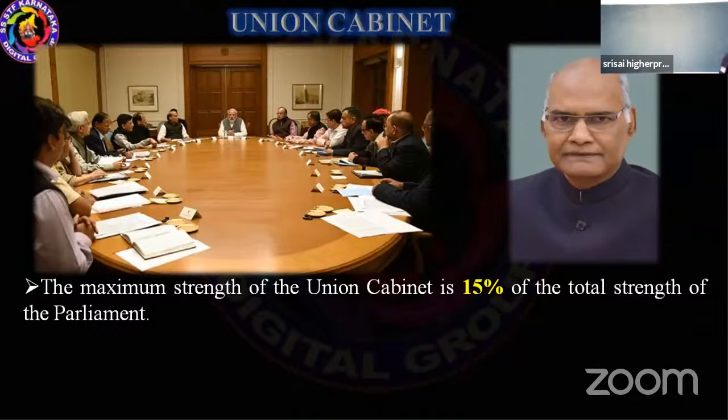because it increases the expenditure and other issues. If the cabinet ministers are more, it may cause quarrels or other issues. They will be unable to take the necessary decisions.